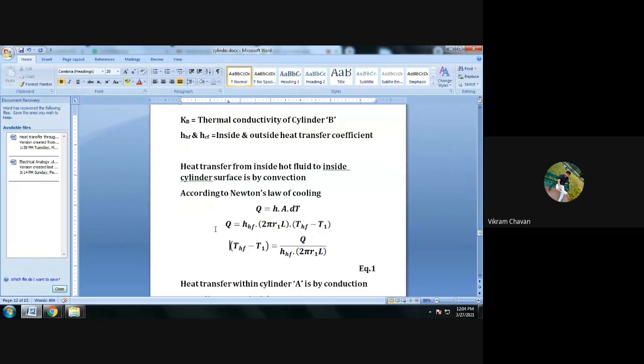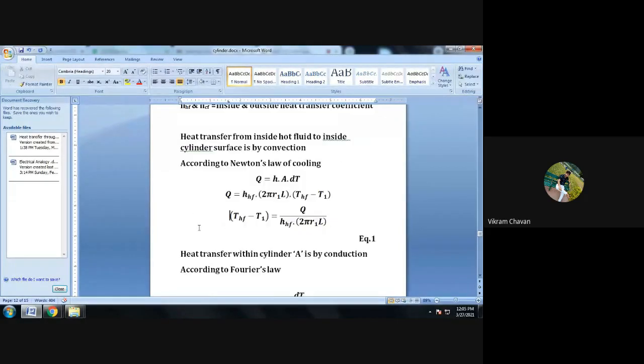So we get the equation T suffix HF minus T1 equal to Q divided by H suffix HF multiplied by 2 pi R1 multiplied by L. Give equation number 1 for this equation. Okay? Getting everyone?